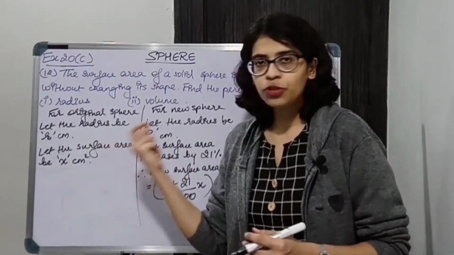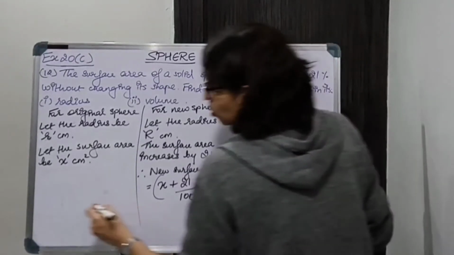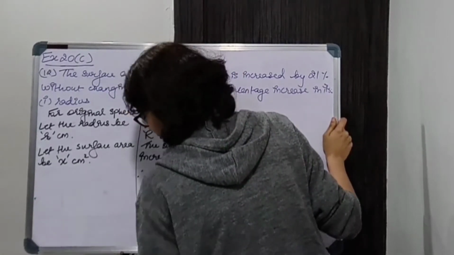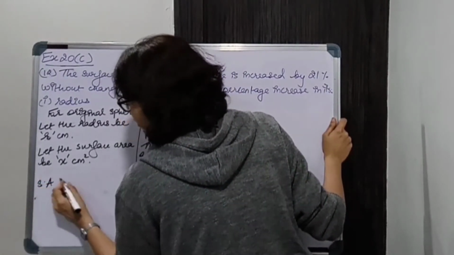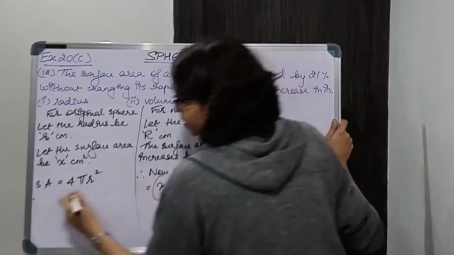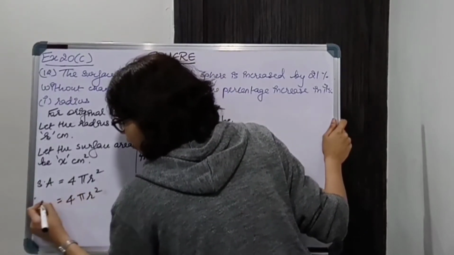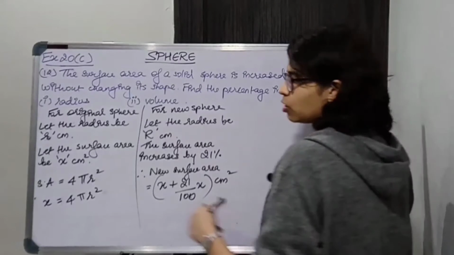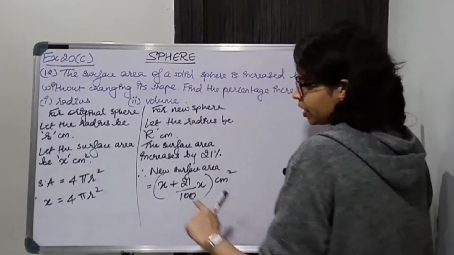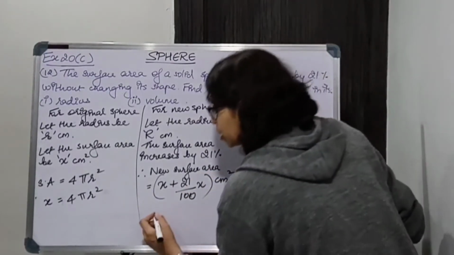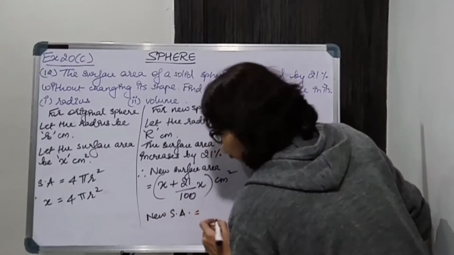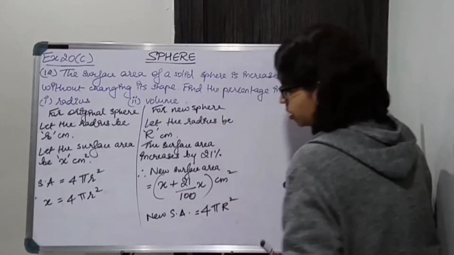Now we'll substitute the formulae. The surface area of the original sphere will be 4 pi r square. So 4 pi r square is equal to x, because the surface area we have assumed to be x. So this x is equal to 4 pi r square. Now we'll substitute it over here. The new surface area will be 4 pi capital R square.